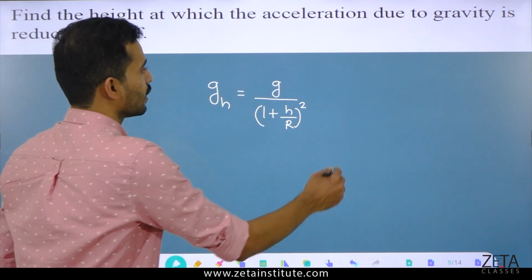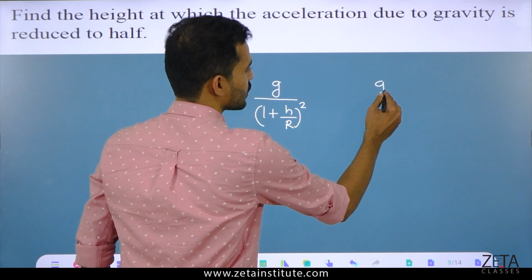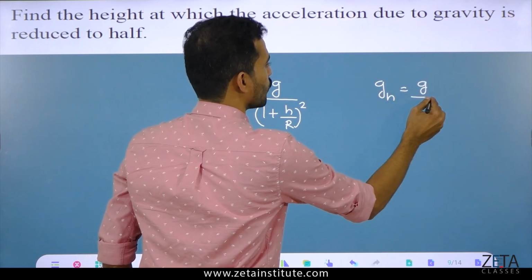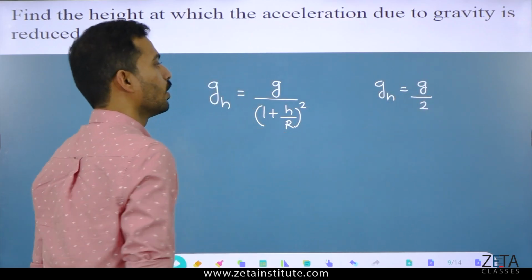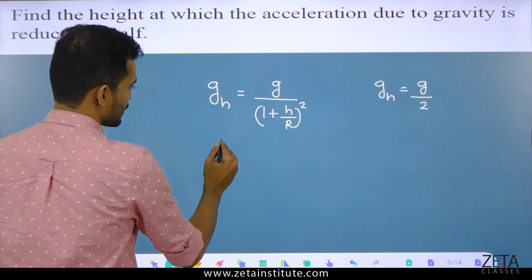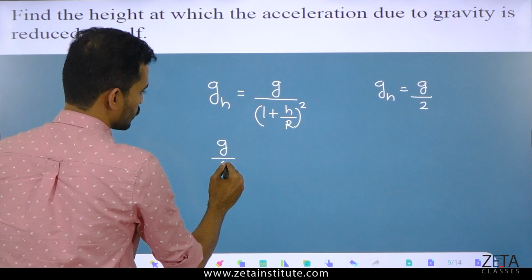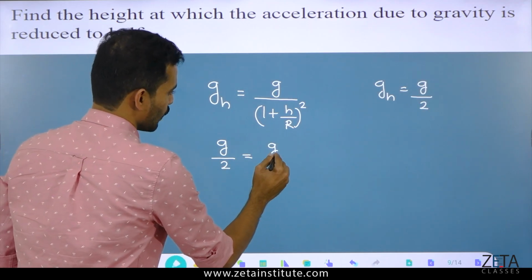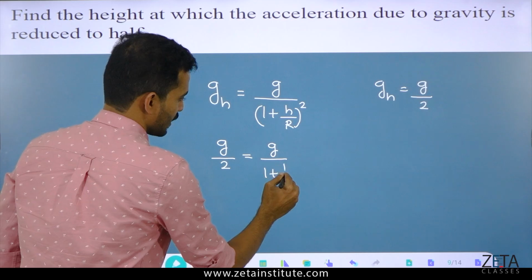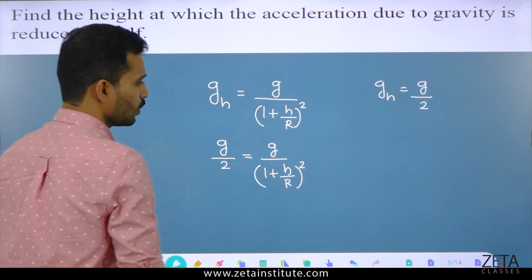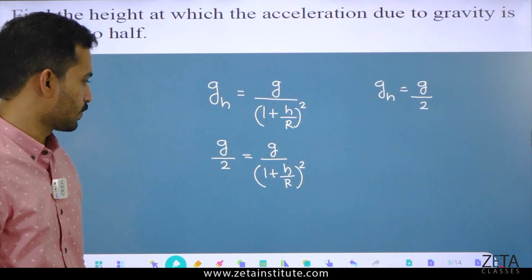That means gh becomes half of the value of acceleration due to gravity on the surface of the earth. That is gh is equal to g by 2 is equal to g divided by (1 plus h by r) all squared.